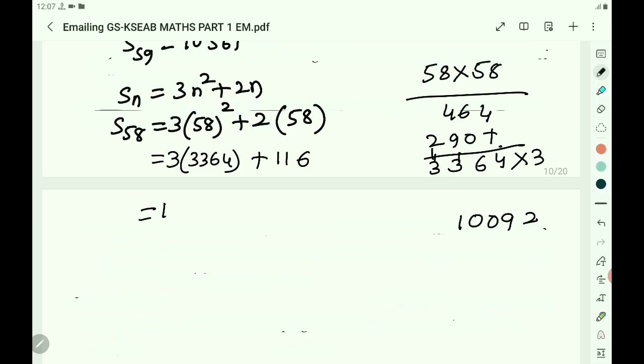You got 10,092. 10,092 plus 116. 6 plus 2, 8. 9 plus 1, 10, 1 carry. So you got 10,208.